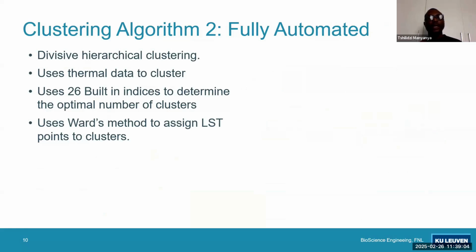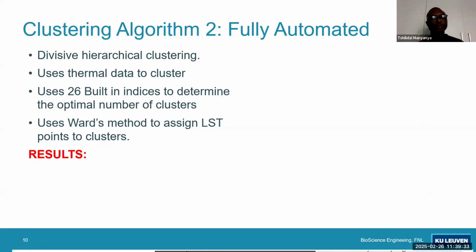After this, we did a fully automated clustering algorithm, which is more of a divisive hierarchical clustering. Instead of using the physical appearance, it uses the values of the land surface temperature itself to cluster them. So it uses 26 built-in indices to determine the optimal number of clusters. And then after that, it uses Ward's method to assign LST points to each cluster.